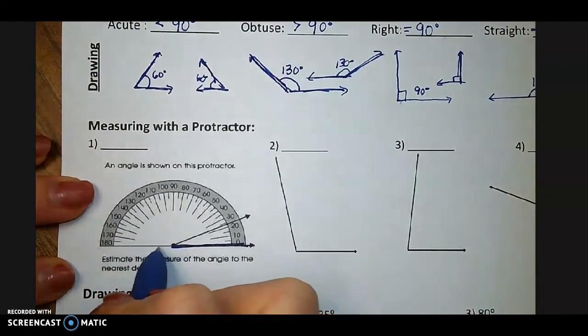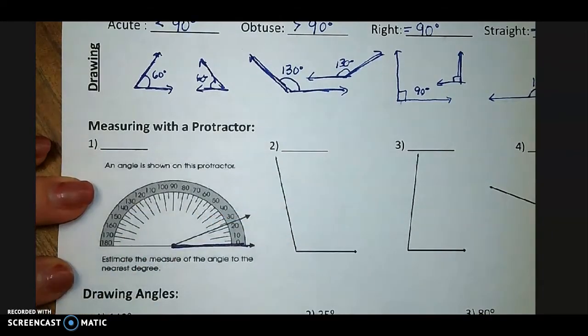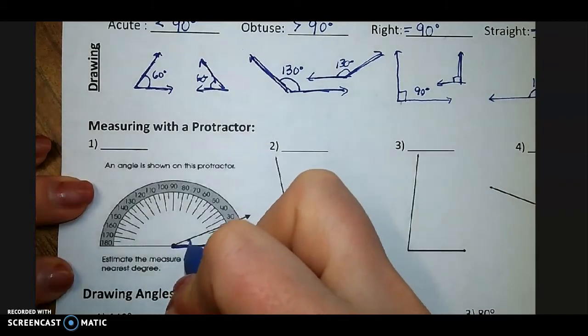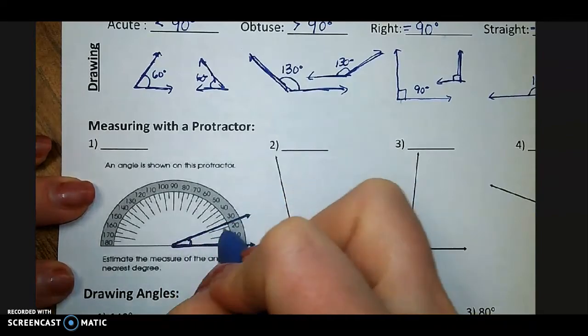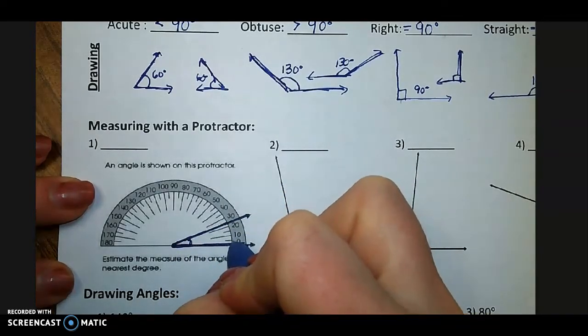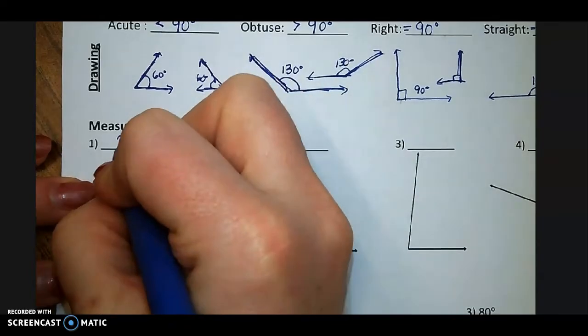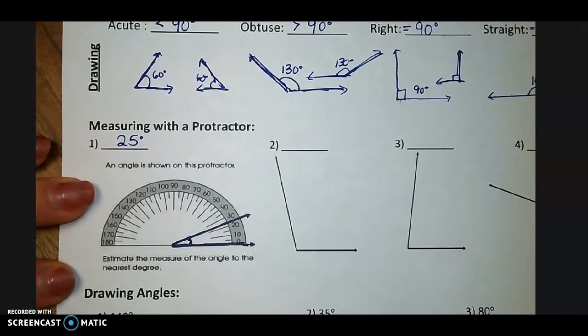Now if my angle had opened up this way, I would line it up this way, and I would read my numbers differently, and I'll show you that on the real protractor here in a second. And then measuring how far apart these are, that's what the angle is. So when I come through here, this is 0, 5, 10, 15, 20, 25. So that angle shown with that protractor is about a 25-degree angle.